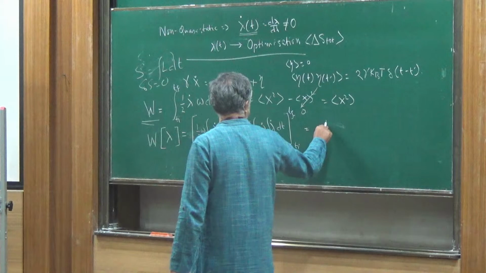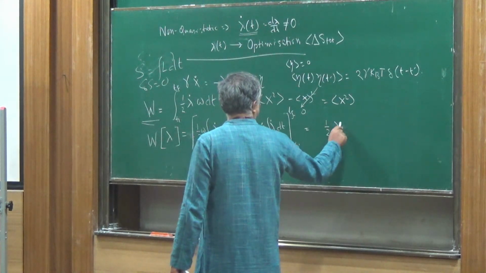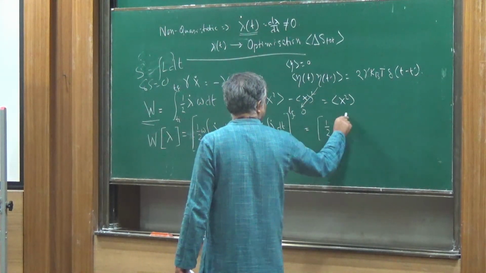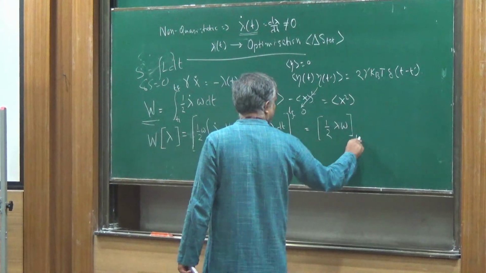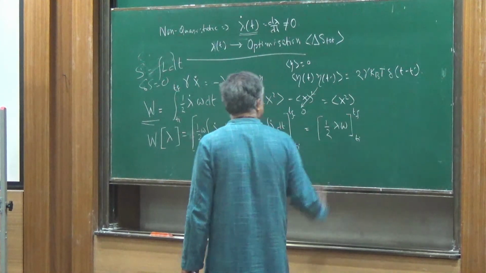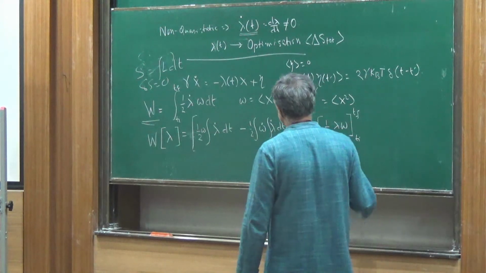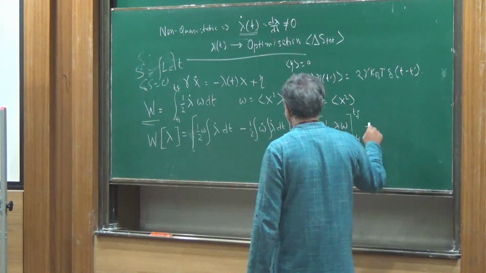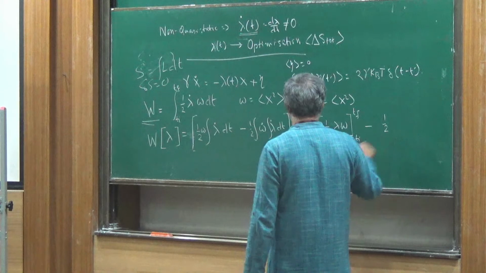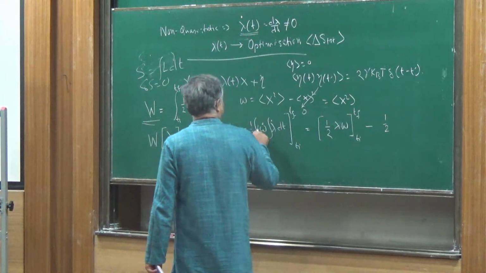The first term is half lambda omega at Tf, then minus half, here.